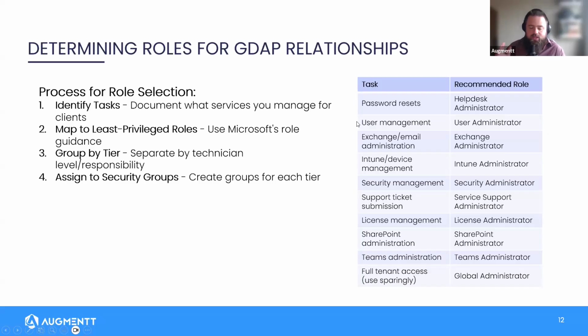And I mean, it's efficient. It gets you access now, but it doesn't follow that least privilege access security philosophy. It's not how Microsoft wants you to be using GDAP. And it makes it a lot harder to manage once you start focusing on these security principles.